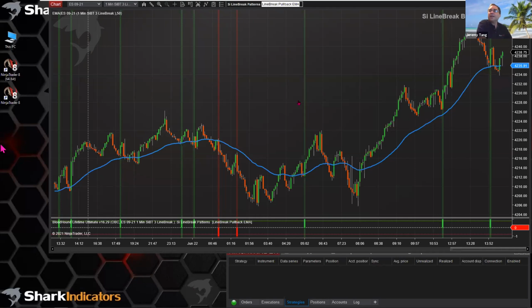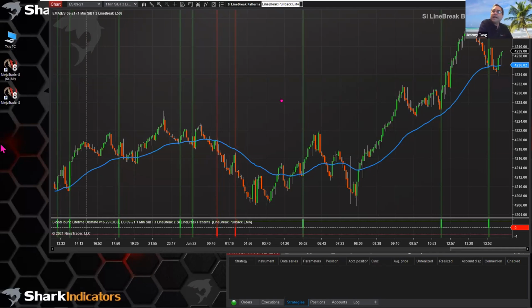So yeah, I get to demonstrate BloodHound in action, and to illustrate this malleable design that Jeremy's talking about, I'm going to take an existing template that we have. We call the systems that you build in BloodHound templates. Really, it's a NinjaTrader term, right?